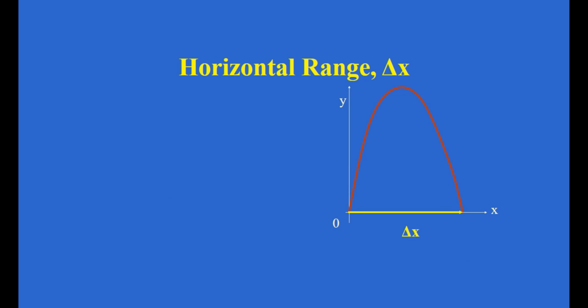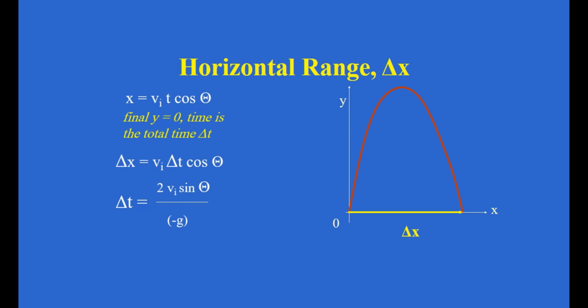Horizontal range delta x. x equals v naught t cosine theta, and final y equals 0 at time the total time delta t. Delta x equals v initial delta t cosine theta, and delta t equals 2 v initial sine theta over minus g.